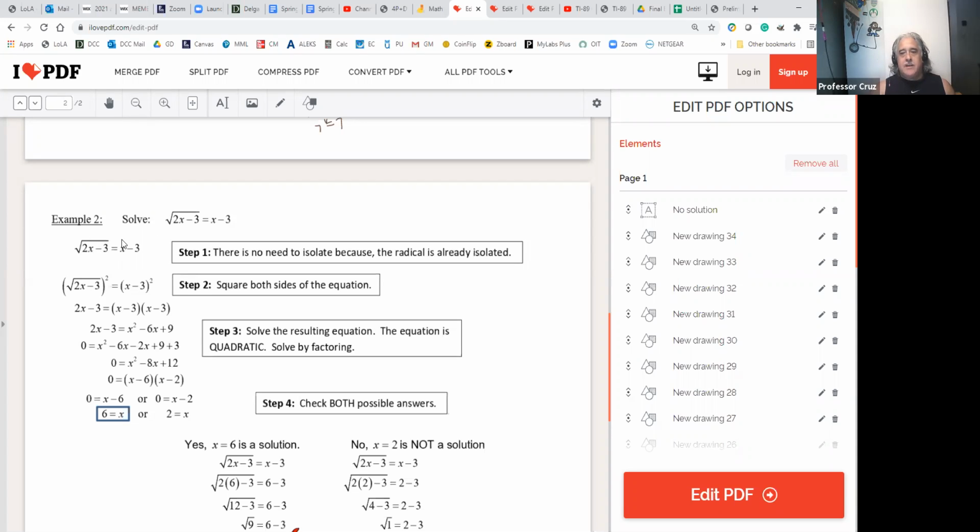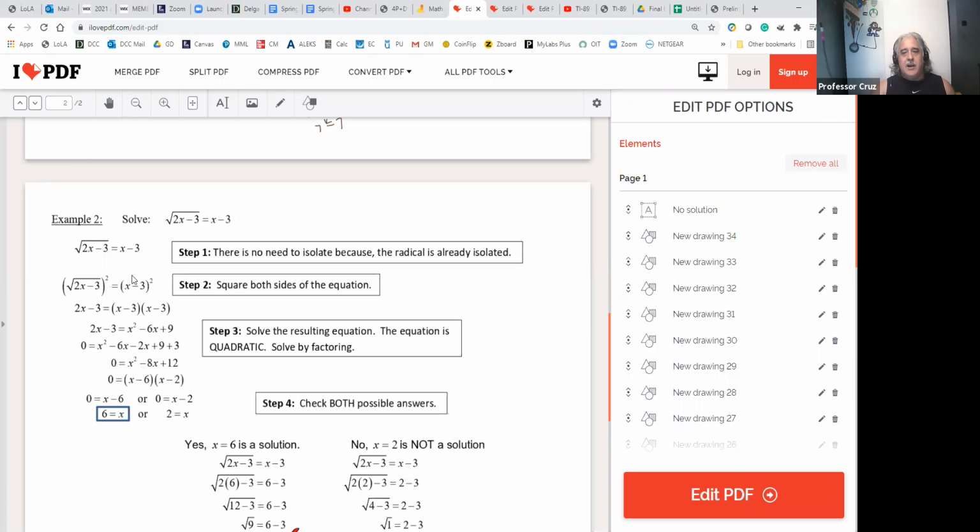So square this side, and the insides just come out. That's what happens. You're squaring because you're counteracting the square root. Those two things are opposite of one another. They undo one another. It's like multiplication and division, addition and subtraction. They're opposites.